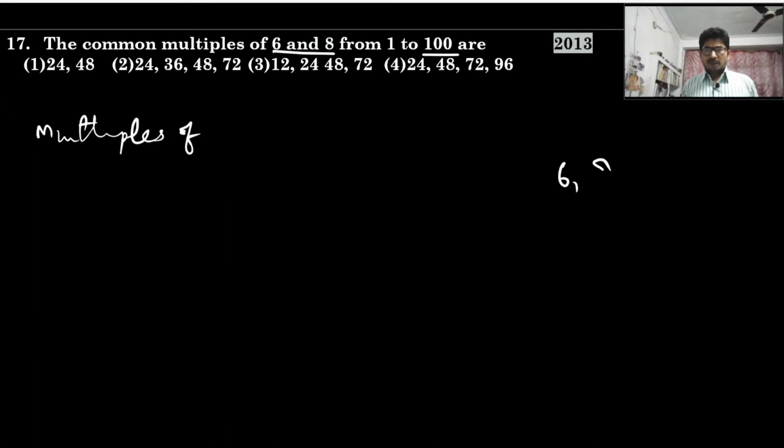6, 8. 2 3s are 6, 2 4s are 8, 6 4s are 24. So the first common multiple is 24.